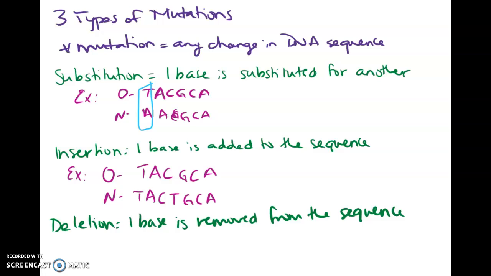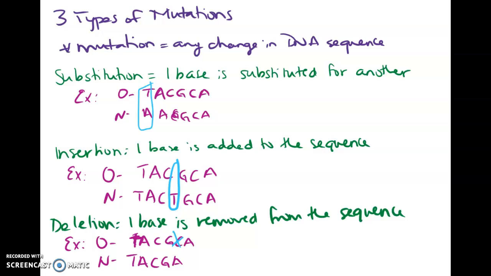So there's a T that was added into the new strand, which would be an insertion. And then deletion works the exact same way, except something is deleted. So the original strand could be TACGCA, and then let's just say this C was taken out. So then that leaves our new strand as TACGA.